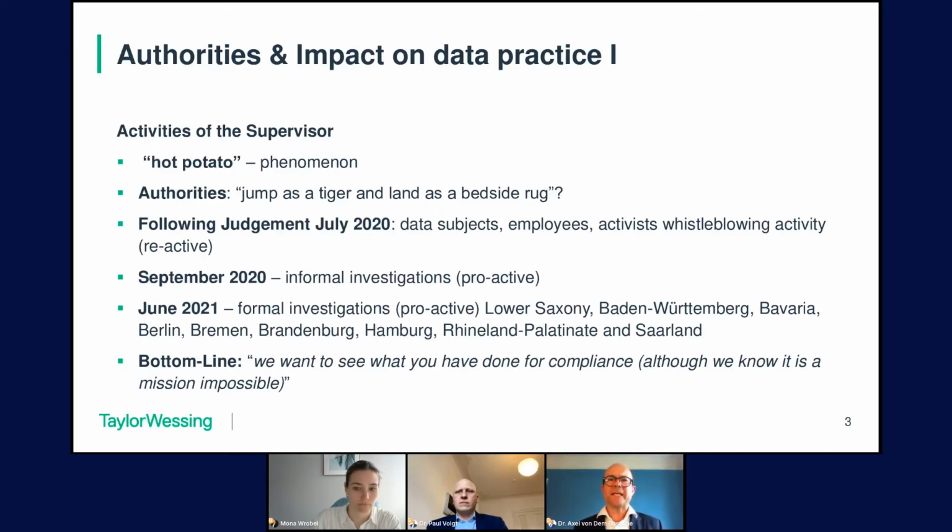These proceedings were, in some of the German Bundesländer, still informal, just a question. In others, it was already combined with a formal proceeding in a way that these questionnaires were hearing letters. And everyone who received such a letter really needed to get their ducks in a row in order to look good vis-a-vis the authorities. However, by now, there are no fines out.